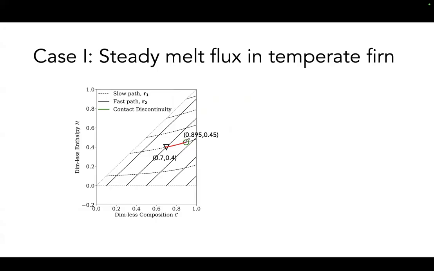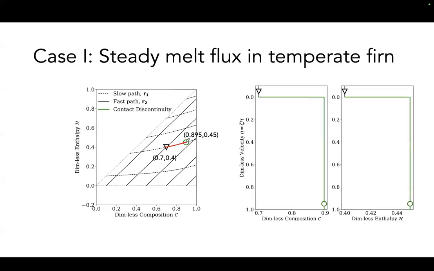The characteristic, or the information on slow path, is stationary, it does not move. The wave does not move. That is a linear degenerate wave called contact discontinuity, where the flux stays the same. The meltwater flux stays the same on the side.